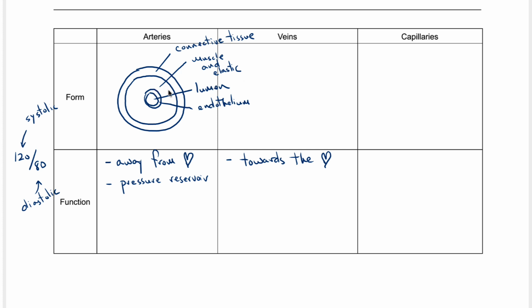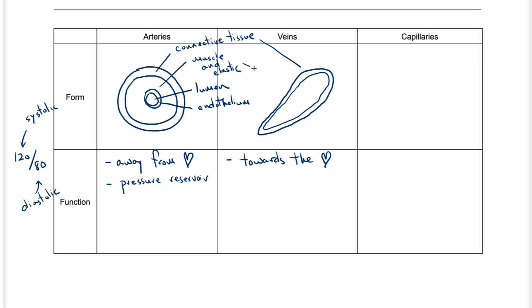Veins have the same layers as arteries, but they have different amounts of the tissue. And veins tend to be larger, they have a larger lumen, and flatter, and they're compressible. So if this is the outer connective tissue layer, then the muscular and elastic layer in here is going to be thinner than it is in arteries.